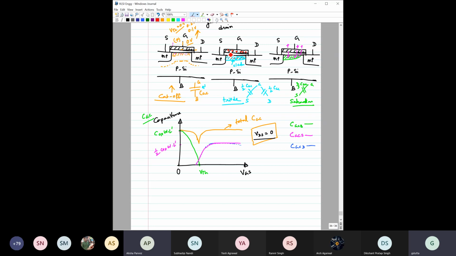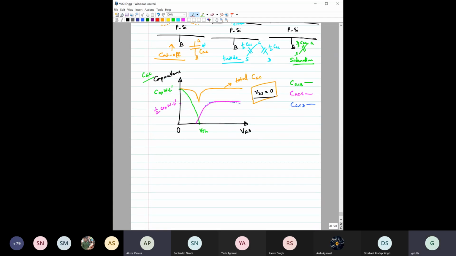So it will actually be this straight line only. But as this part is connected with this part, you can say that half of this is associated with the source and half of it is associated with the drain.